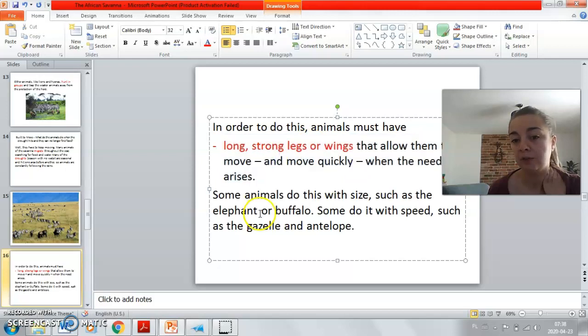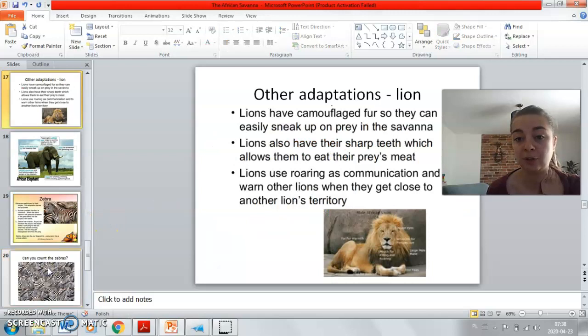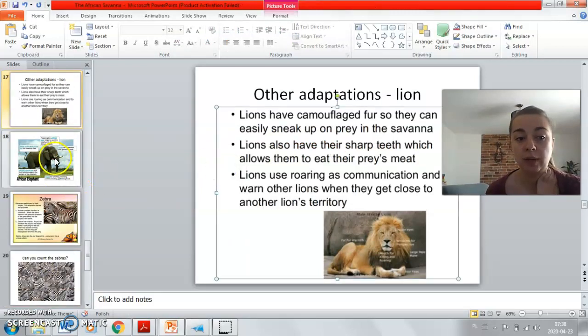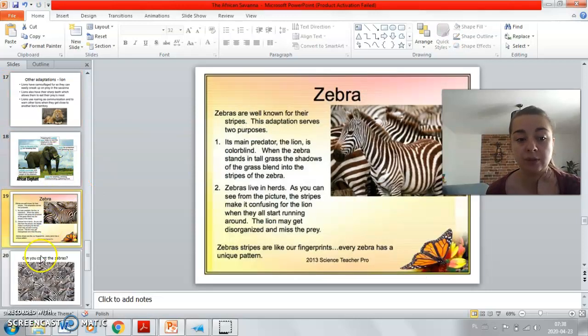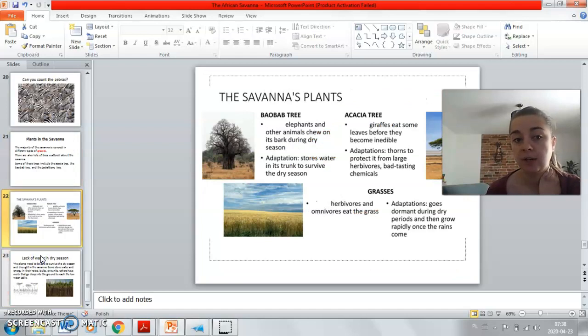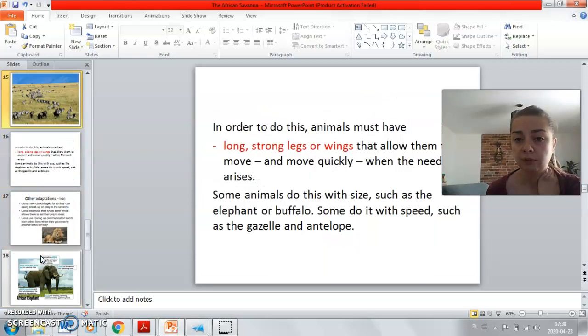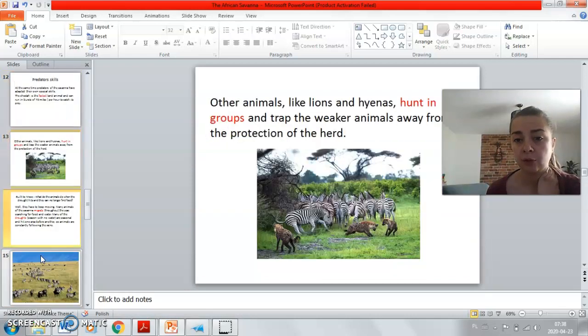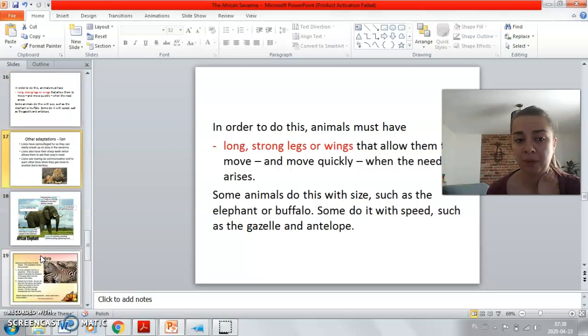Okay, so if there is a black part, then you can skip that part because it's some additional info. And then we've got about lions, elephants, zebras, and some plants. Okay, so it would be nice if you read it all. If not, try to focus on the pictures only.